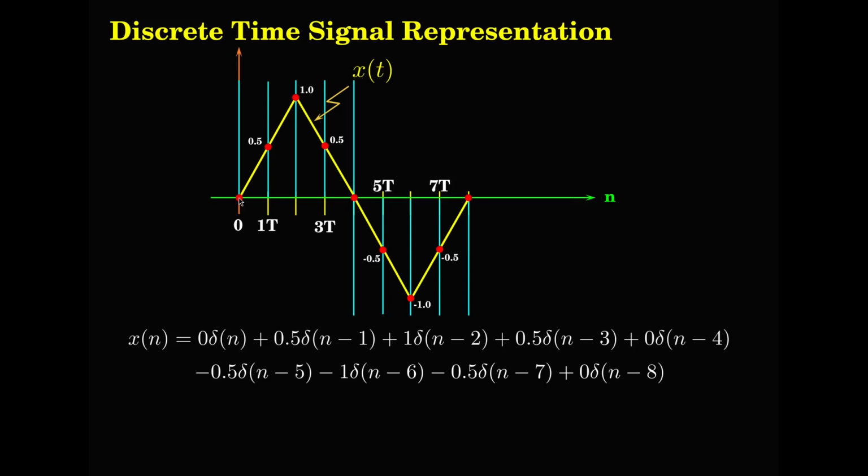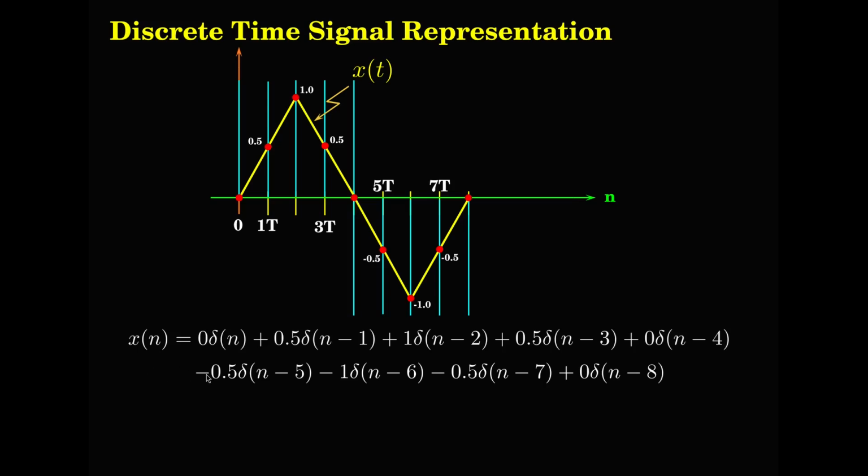Value is 0 into delta n plus 0.5 into delta n minus 1 plus 1 delta n minus 2 plus 0.5 delta n minus 3, 0 delta n minus 4, right?